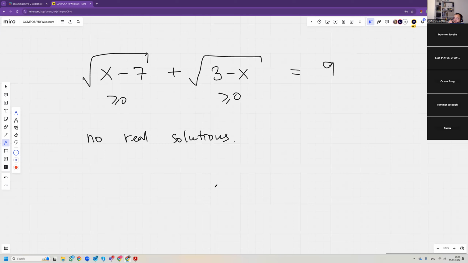Ooh, George, one done. Well done. Yeah, whatever value of x you choose, one square root is going to be positive and one is going to be negative. So it will always be that one of the square roots doesn't exist.